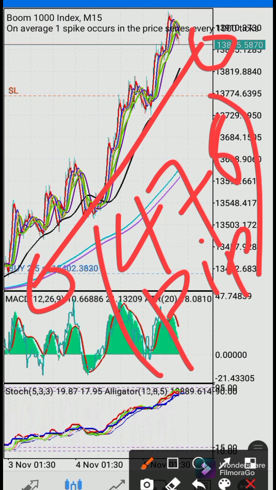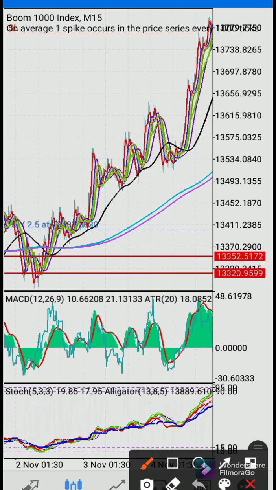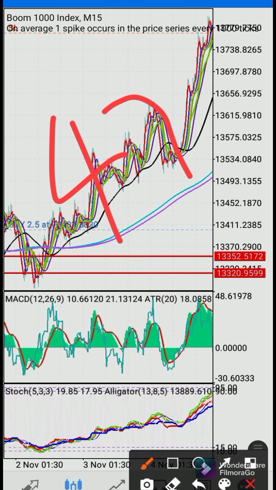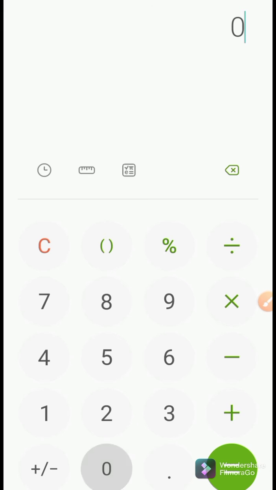And if you got this 478 pips, let's do a small calculation. This is 0.01 multiplied by 478.